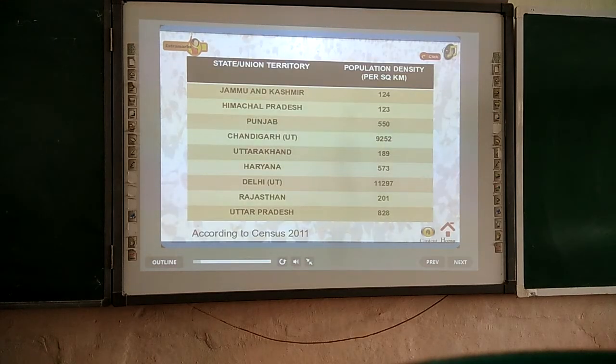Let's take a look at the density of population of all the states and union territories of India through this table. The data is according to the Census of India 2011.